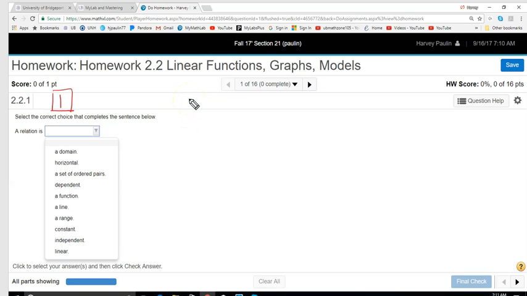There are a couple of major words we've used. One is a relation, and you can write this up again. Another word is domain.